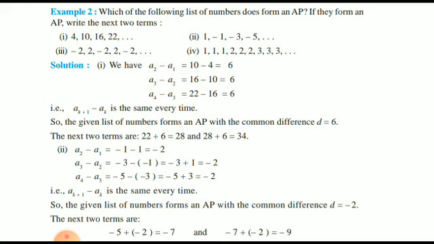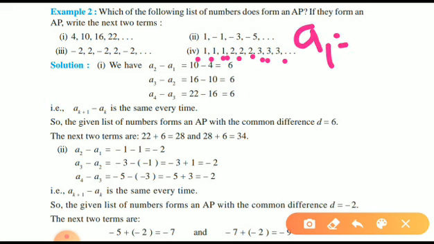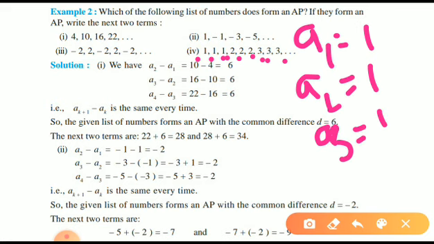Next, the last one. The next question was 1, 1, 1, 2, 2, 2, again 3, 3, 3 and so on. Now here I have A1 equal to 1, A2 equal to 1, A3 equal to 1.